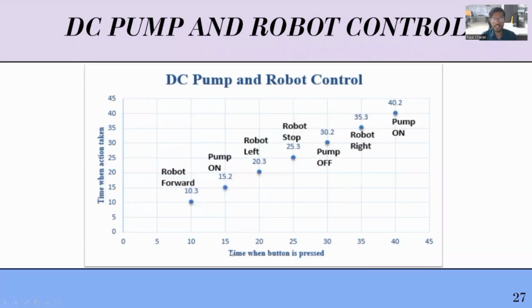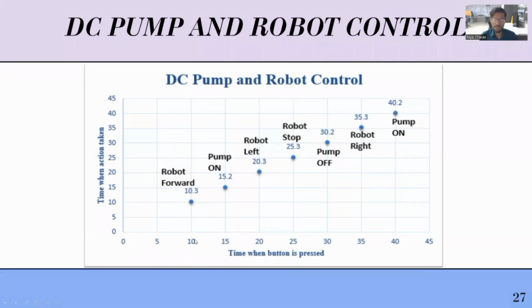So here are the DC pump and robot control results. After controlling the robot and all the components like the servo motor and DC pump, we get these results. On the x-axis there is the time when the button is pressed from the Android app, and on the y-axis there is the time when the action is taken.